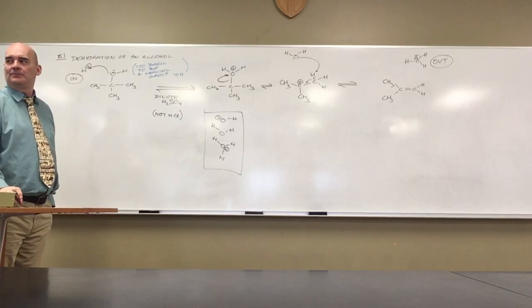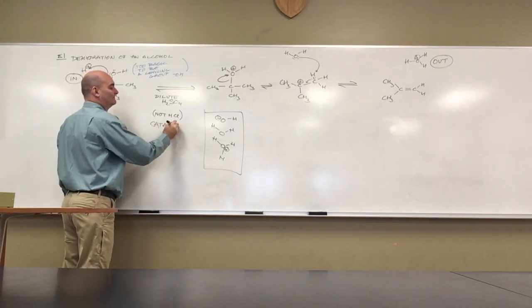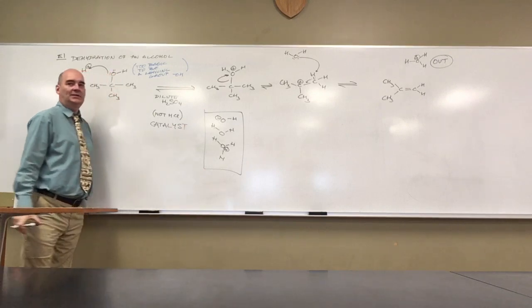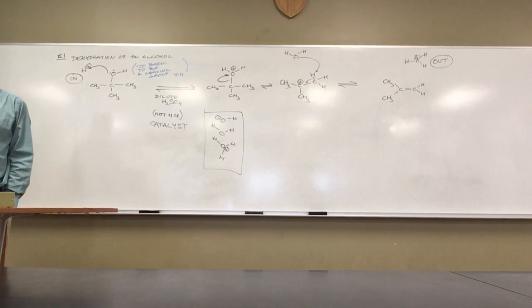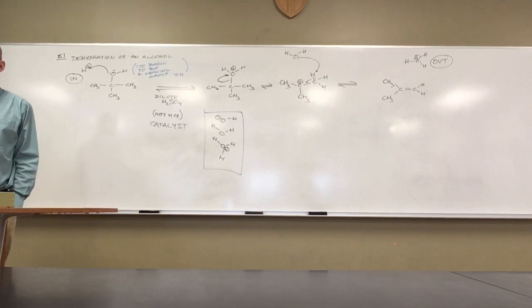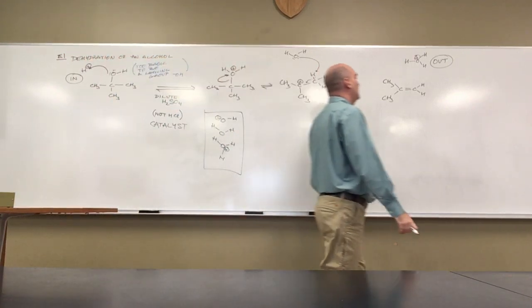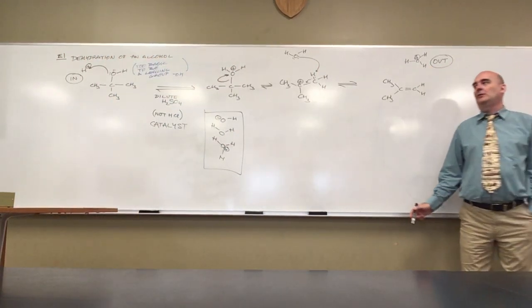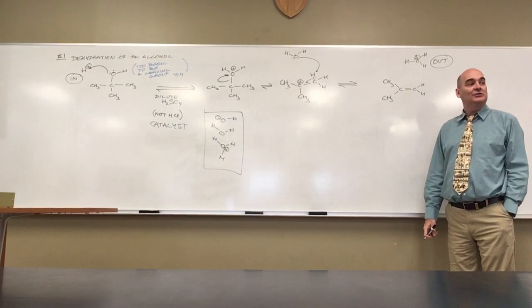Therefore, it is a catalyst. The acid makes this reaction occur. Without the acid, this reaction does not occur. It is consumed in the first step and then pushed back out, so it is not consumed in the overall reaction. But the reaction does not occur without it, therefore it is catalytic. Okay?